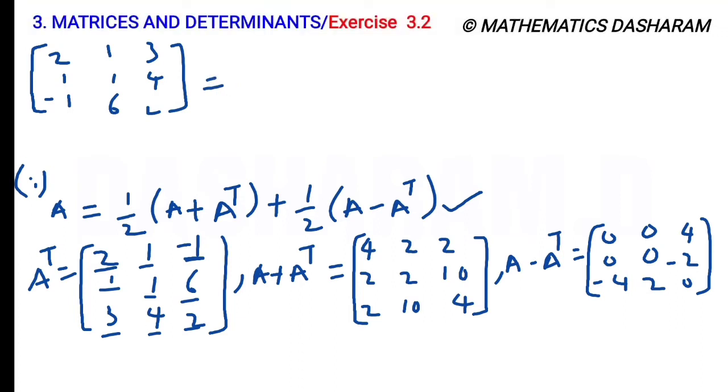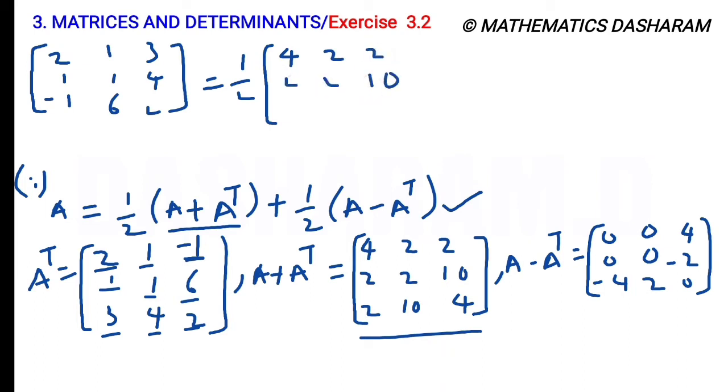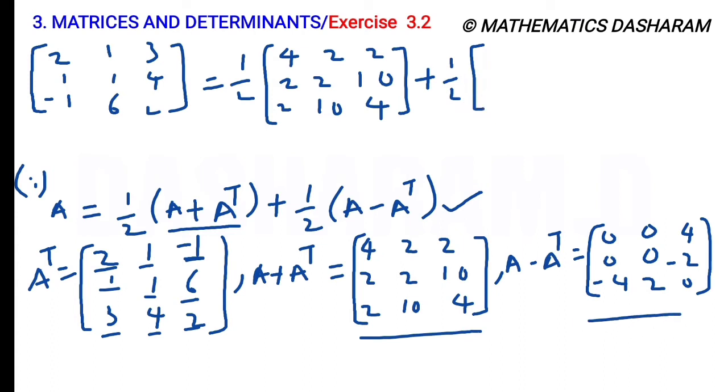So it equals 1 by 2 into A plus A transpose, which is 4, 2, 2, 2, 2, 10, 2, 10, 4, plus 1 by 2 into A minus A transpose, which is 0, 0, 4, 0, 0, minus 2, minus 4, 2, 0.